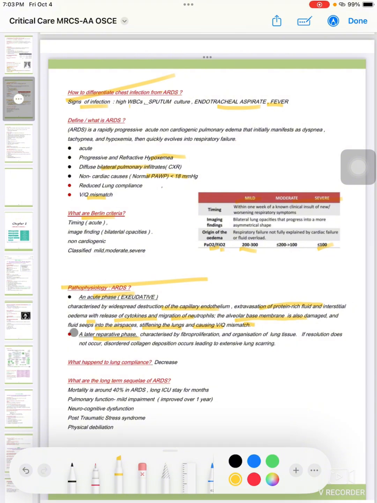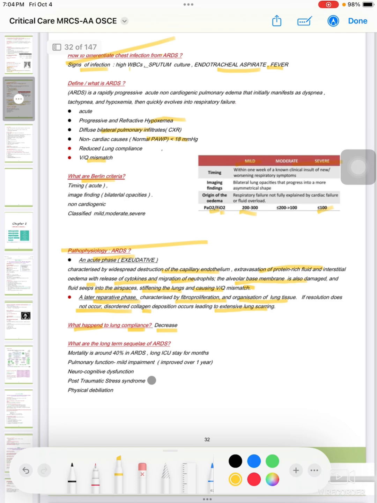In the later reparative phase, which is characterized by fibroproliferation and organization of the lung tissues, if resolution does not occur, disordered collagen deposition occurs, leading to lung scarring. Another short question may be asked: what happens to lung compliance? Lung compliance is decreased. What are the long-term sequelae of acute respiratory distress syndrome?